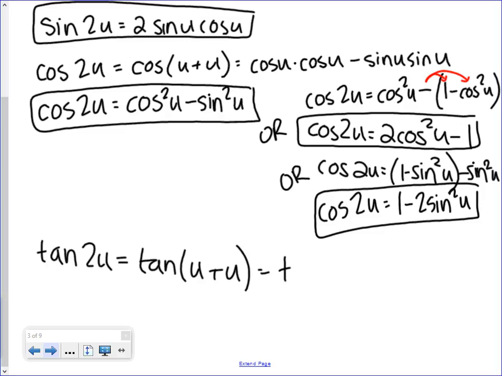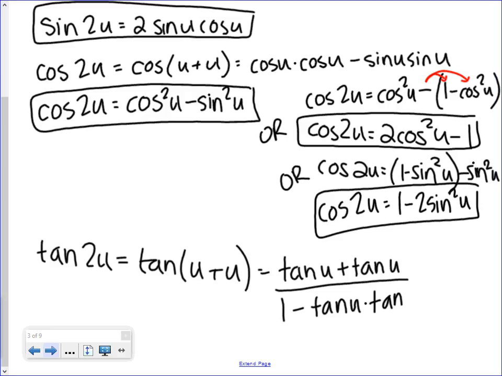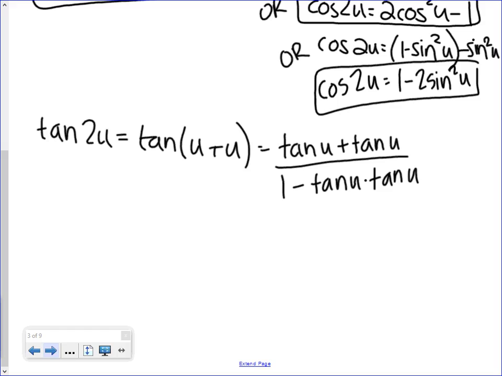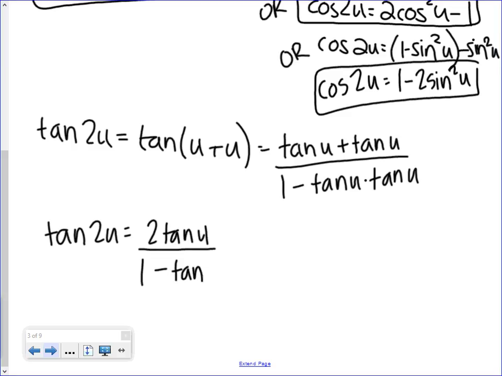So that would be tangent u plus tangent u in the numerator, all over 1 minus tangent u times tangent u in the denominator. And so our formula for tangent 2u is 2 tangent u all over 1 minus tangent squared u.